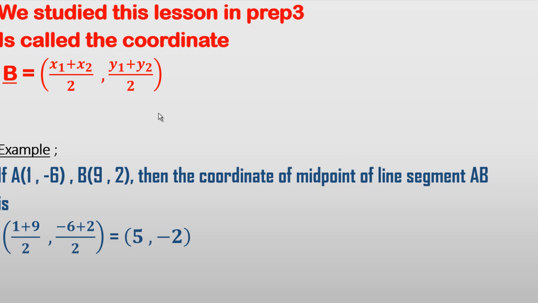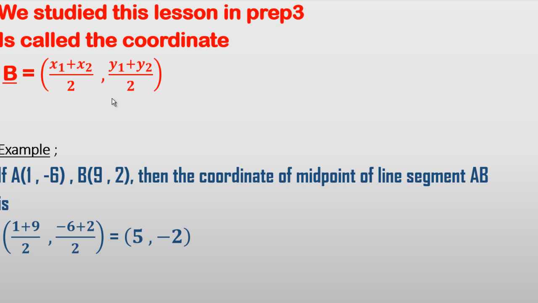Example: A is (1, negative 6), B is (9, 2), and what is the coordinate of the midpoint of line segment AB? It is 1 plus 9 divided by 2, and negative 6 plus 2 divided by 2. So the midpoint of AB is (5, negative 2).